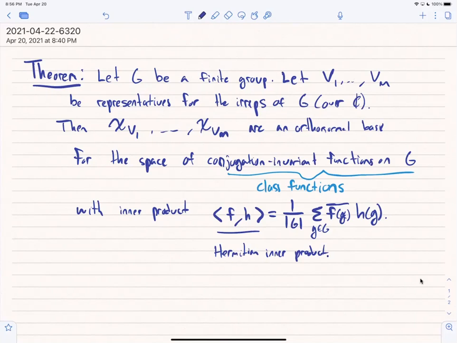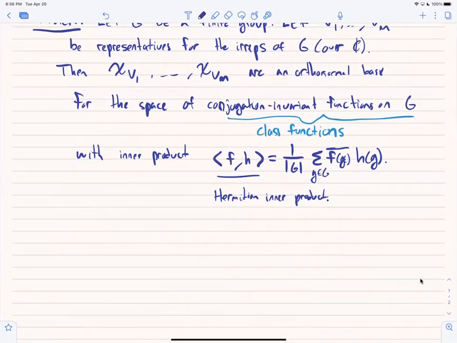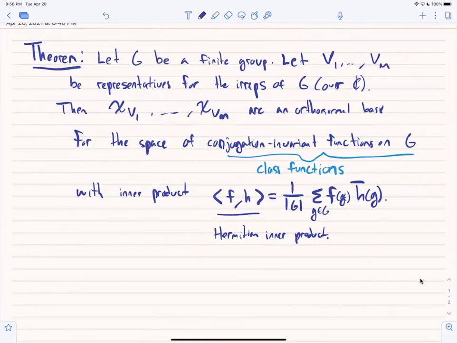We could do either way. I'm used to doing it the other way, so I'll just change what I write later. So we'll have it be conjugate linear in the second variable. Sorry for the confusion. Right, so that's the theorem.